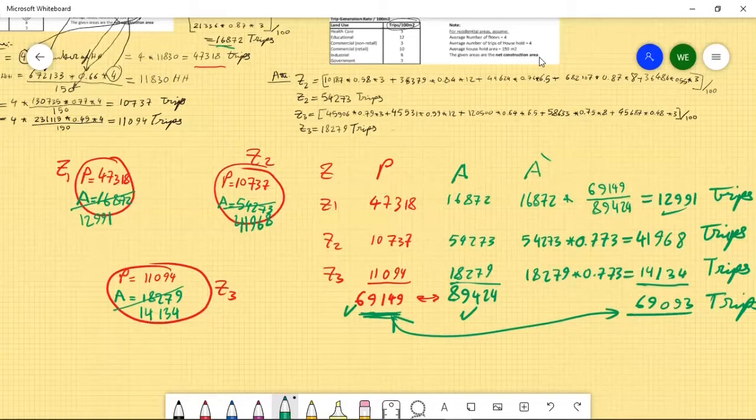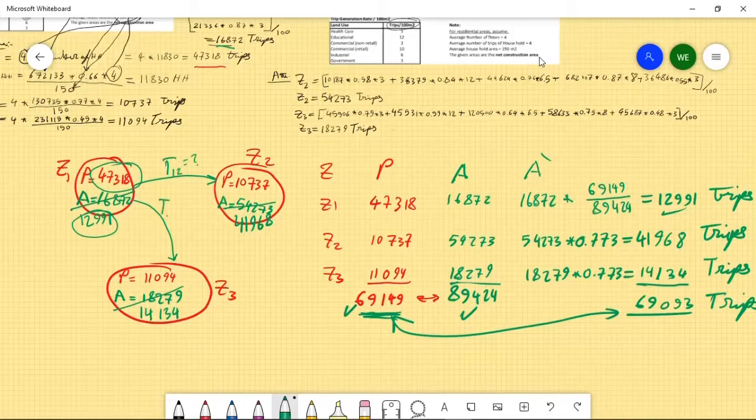Now, as you can see, the production here is greater than the attraction, and this production will go outside. How is it going to be distributed? How many will go from zone 1 to zone 2, and how many will go from zone 1 to zone 3? So the trips between 1 and 2 equal how much?